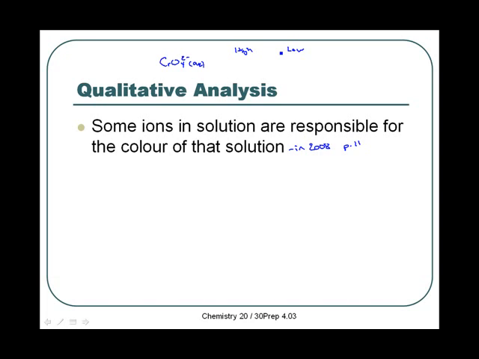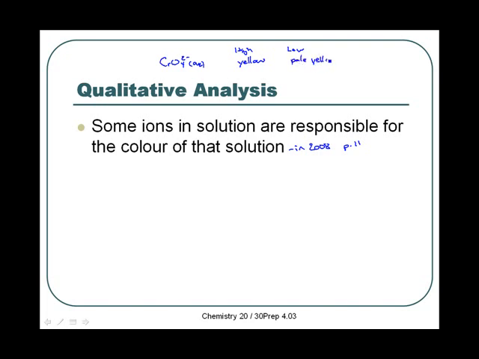At high concentrations, of 1 mole per liter or higher, it's going to be yellow. It'll cause the solution to be clear but yellow in color. It'll look like lemonade. When it's in low concentration, it'll be pale yellow because there's less ions.